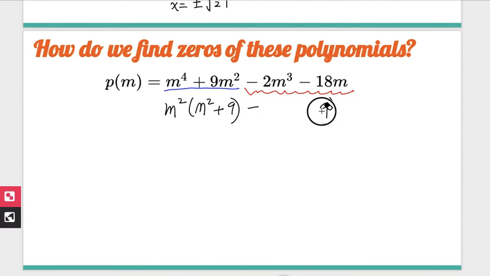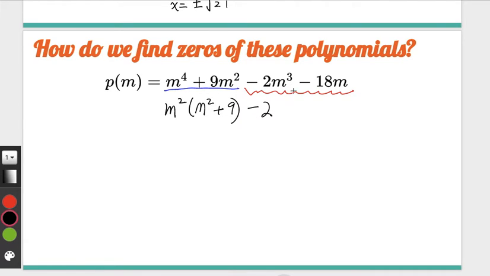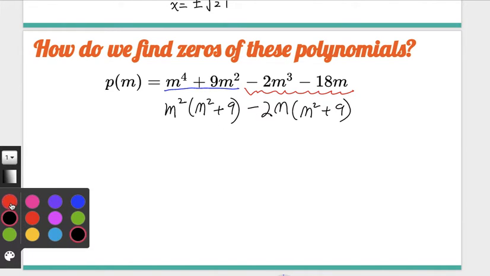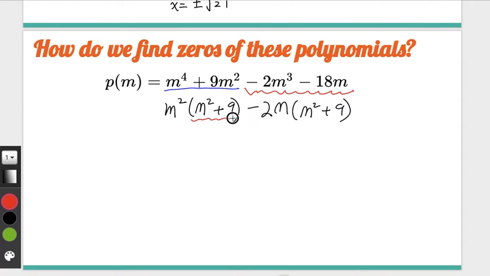Let's rewrite this part. Sorry. So it's negative 2, but they both have m, so it's negative 2m, times m squared plus 9. If you don't see something in common, that's one thing you can check: did you take out the sign here? And then do not forget they both have m squared plus 9. That's something I'm going to take out of this.